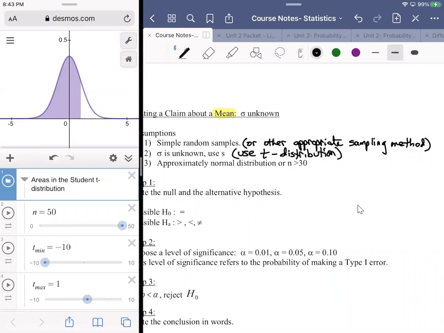All of the hypothesis testing techniques that we're going to talk about in this course involve you either having a normal distribution or the n value being greater than 30. Right? When I say approximately a normal distribution, I'm saying that the population is normally distributed.